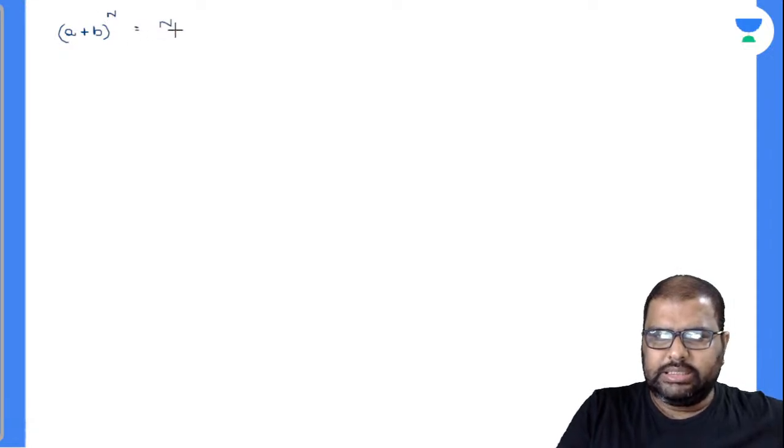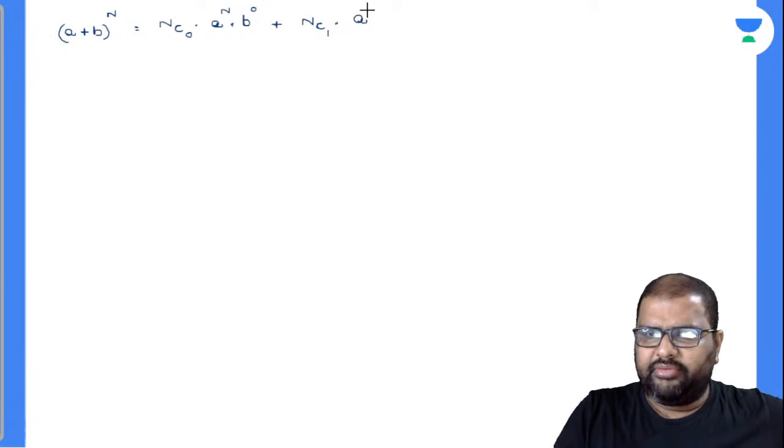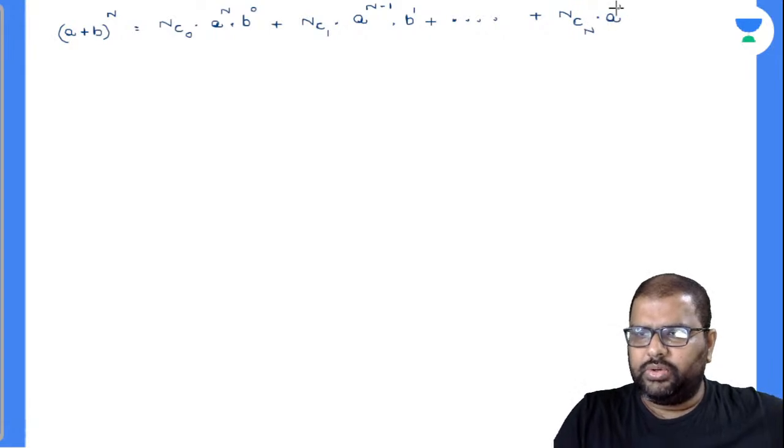So nC0 into a to the power of n, b to the power of 0, plus nC1 into a to the power of n minus 1, b to the power of 1, and so on. Finally, nCn into a to the power of 0, b to the power of n.